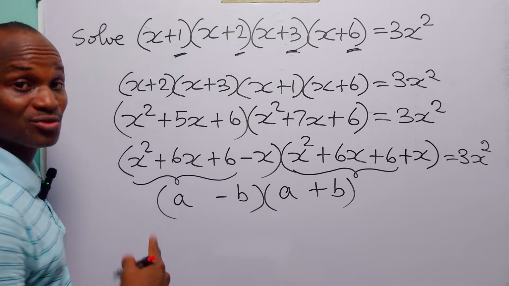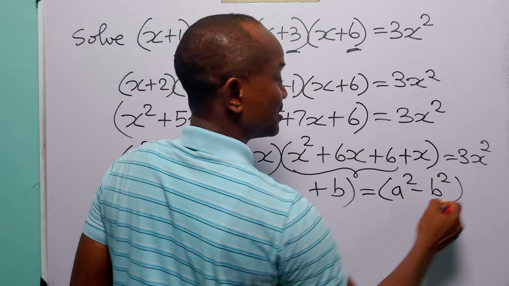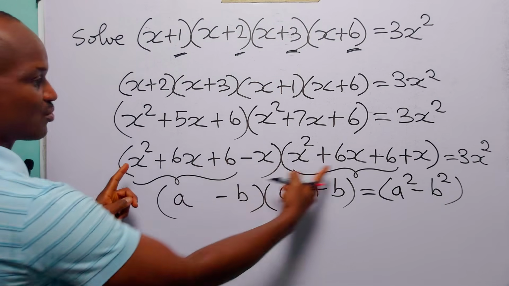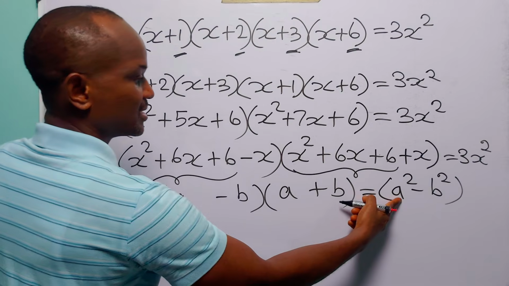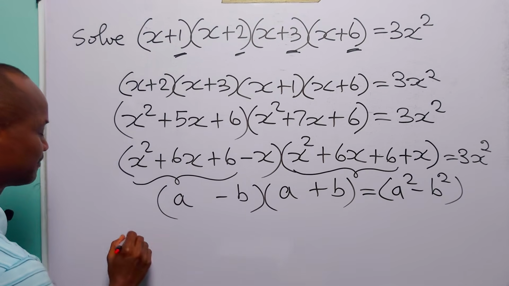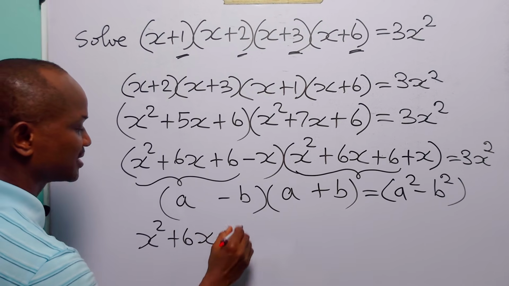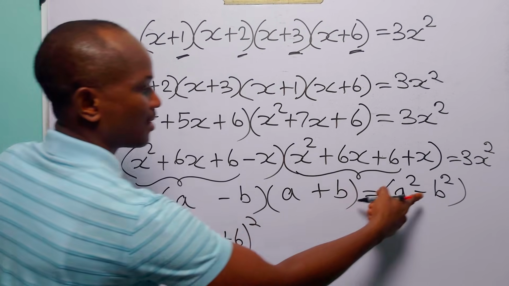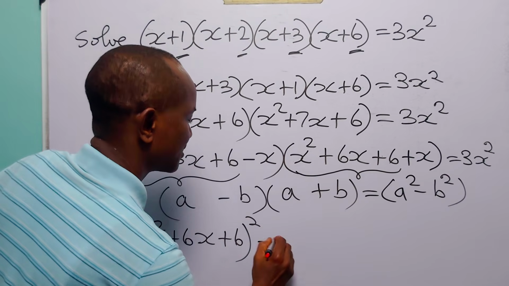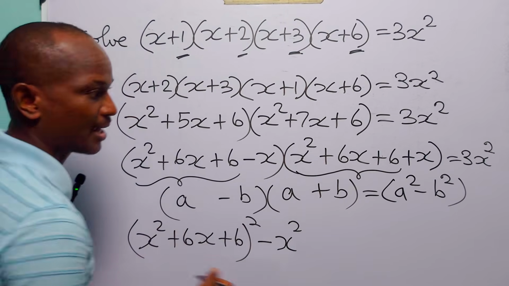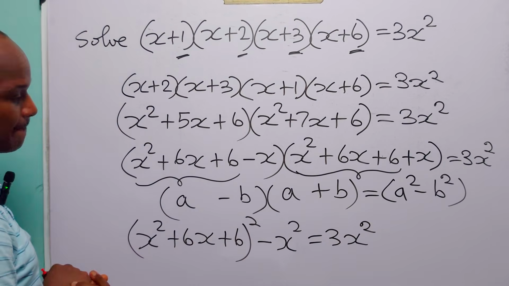When we multiply these two, what we have is a squared minus b squared. So that simply means that when we multiply these two factors, what we are going to get is a squared, that is x squared plus 6x plus 6 squared, minus b squared, which of course is x squared. And this is still equal to 3x squared.